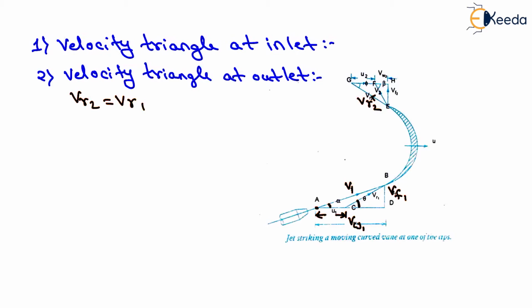From G, draw a line GF in the direction of the vane at outlet and equal to U2. The velocity of the vane at outlet, that is U2, is shown here. Join EF, then EF represents the absolute velocity of the jet at outlet in magnitude and direction.